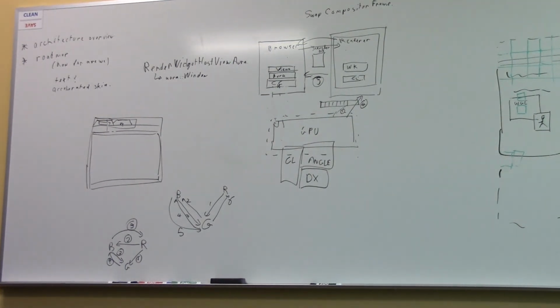One was to say, we have a software implementation of GL called SwiftShader. Can we just use that? We tried, and it was slow. It was fast enough on a high-end machine, but on a low-end machine it's just not good enough, and we felt we would not be able to make it fast enough.